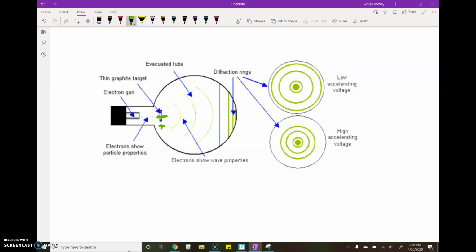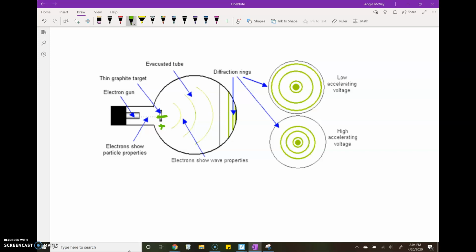But the professor noticed that as you turn up the voltage, these electrons go faster and faster through this hole right here, and they actually start acting like a wave. We know they are acting like a wave because you see a regular interference pattern, a distinct series of dark and light spots with a central maximum.